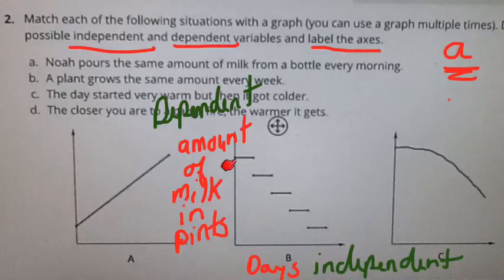And the reason that there's this line instead of just a dot is that for the time in that one day, the amount of milk stays steady, then he pours some, and then the amount of milk stays steady until the next day, and so on, and so you get that step pattern.